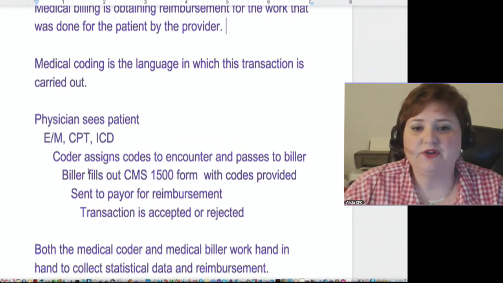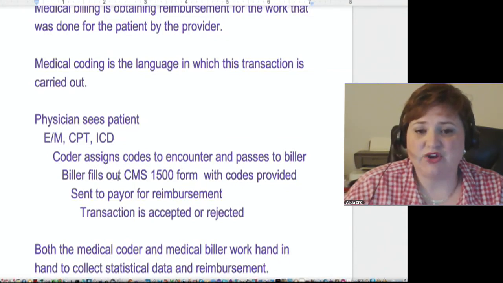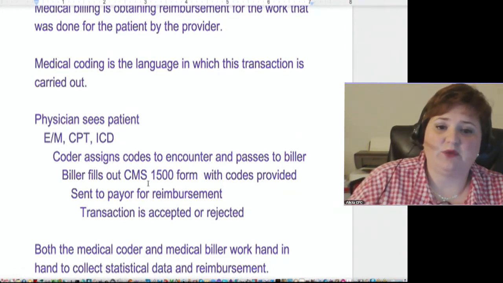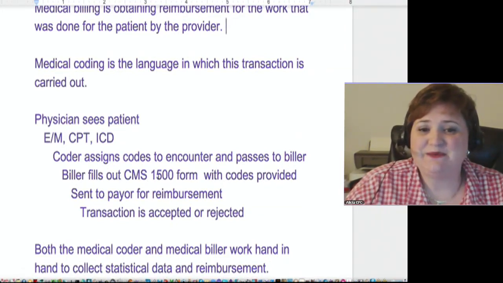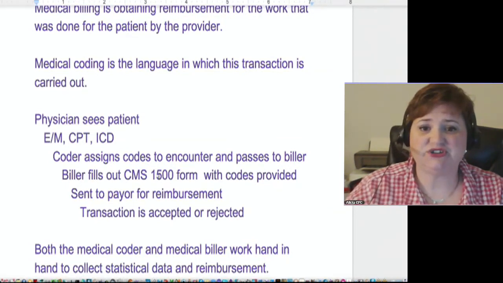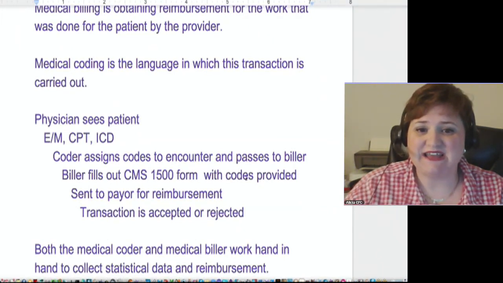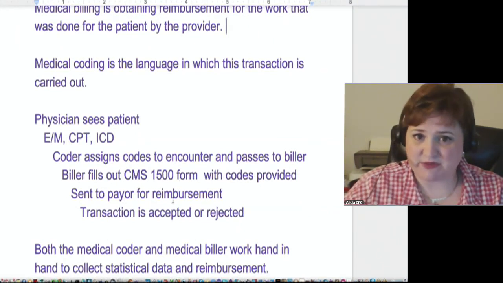So the biller then takes those codes, which would be a CPT code for the evaluation and management, and let's say the two diagnosis codes, which would be 250.00 and 401.9, puts those on the CMS 1500 form and fills out all the patient's pertinent information, the insurance information, and demographic information, and then that is sent to the payer for reimbursement.